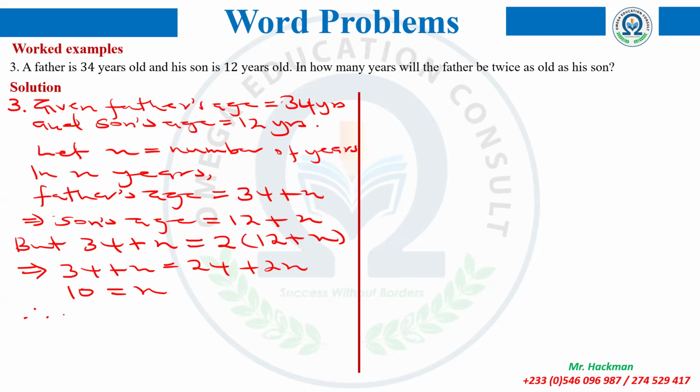Therefore, the number of years will be 10, or therefore, in 10 years' time. How many years? You are looking for the number of years. Is that clear? As simple as that.